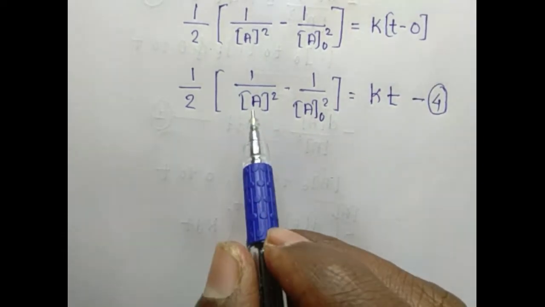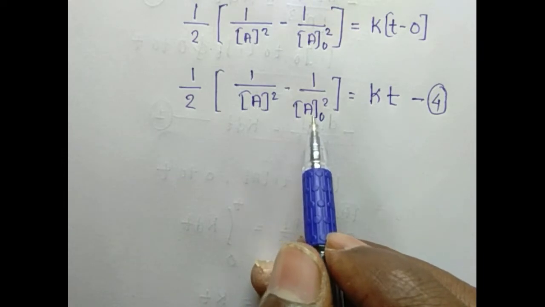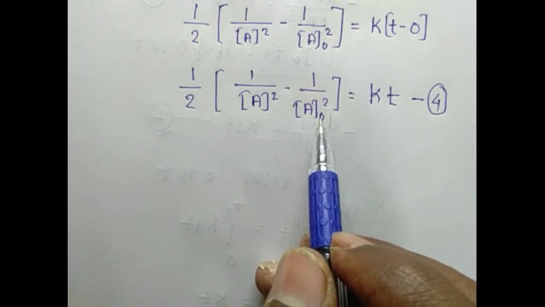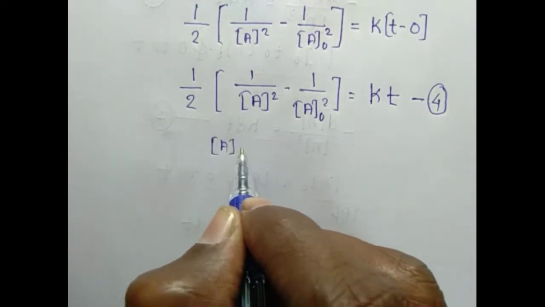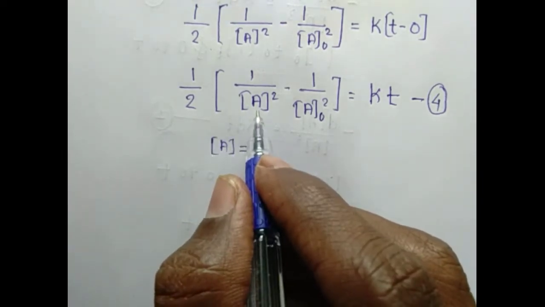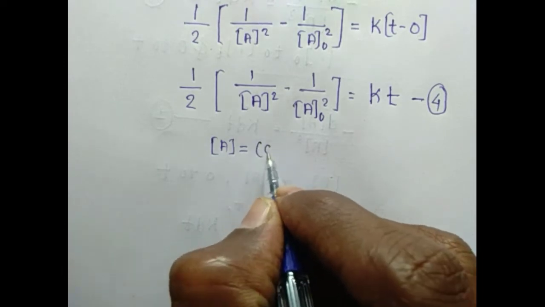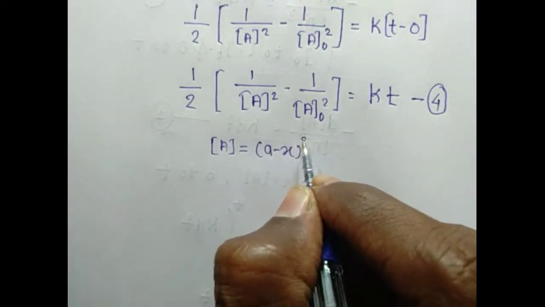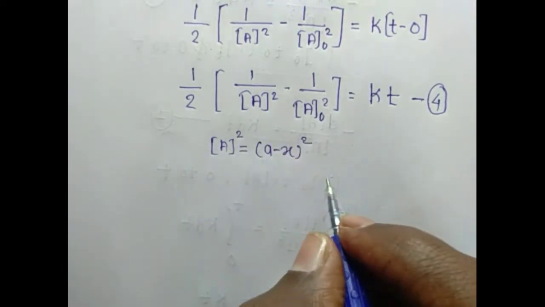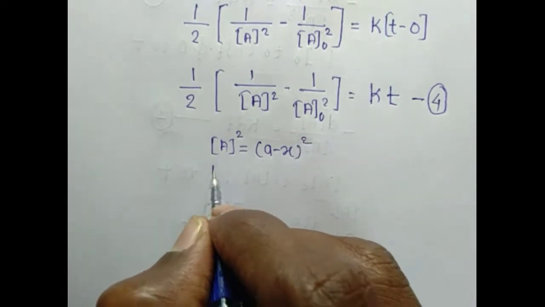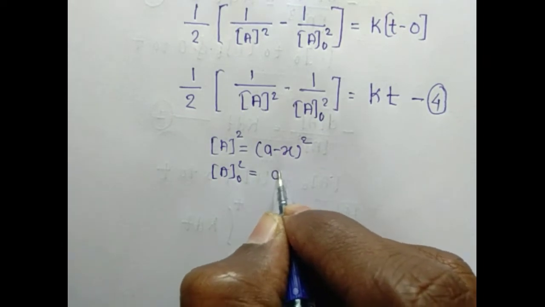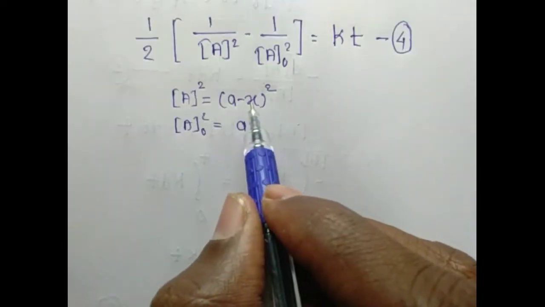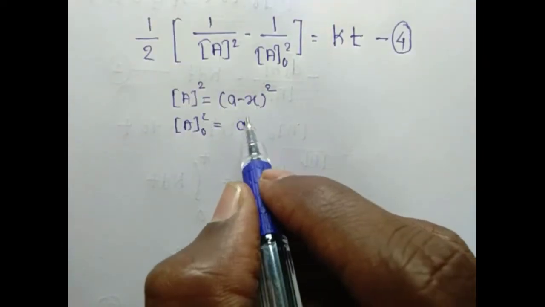We know that A0 means the initial concentration of the reactant, and A means the concentration of reactant, that is a minus x bracket square. A0 means the initial moles and A the final moles.